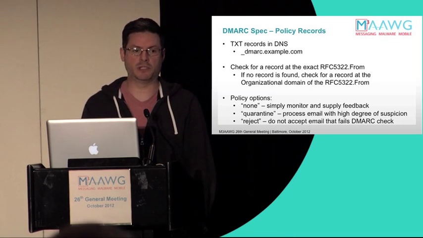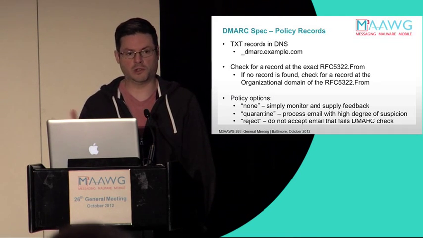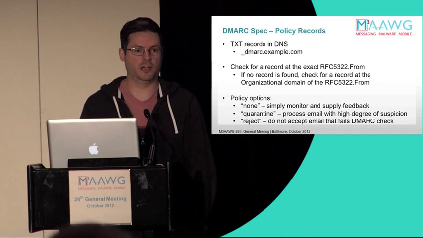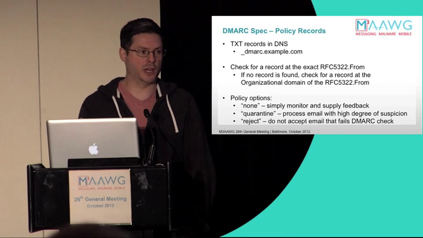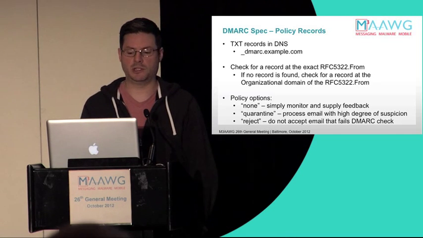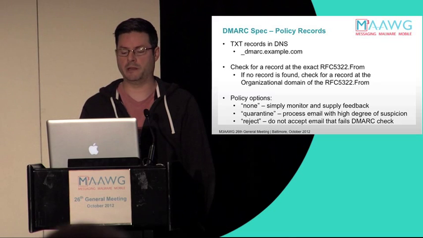And so we've adopted the convention from DKIM of doing an underscore prefix on a subdomain of the domain you want to protect. So here the example is, if example.com had a DMARC record published, you'd find it at _dmarc.example.com.